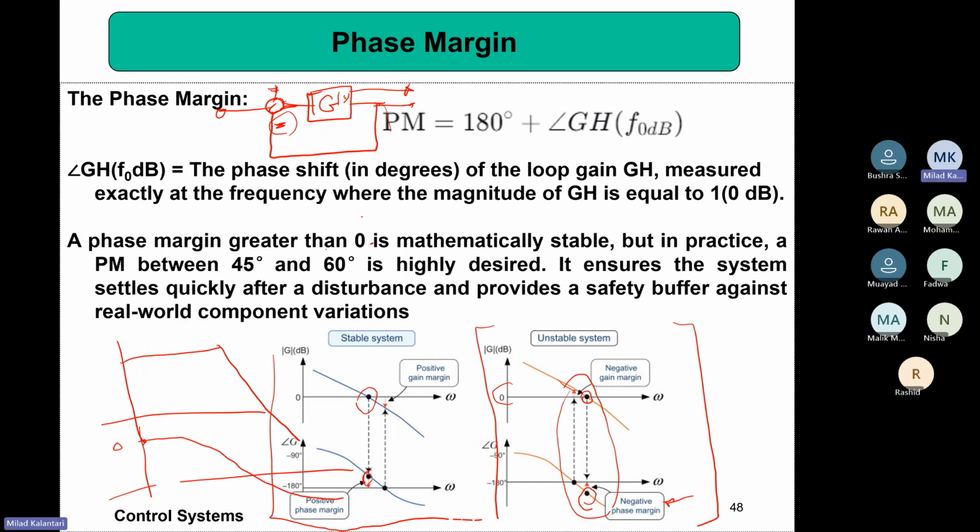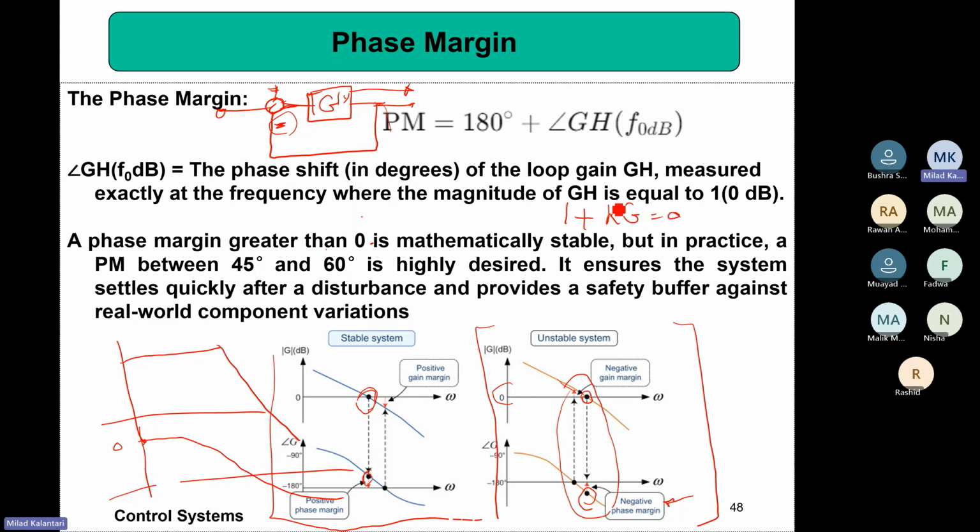So this Bode diagram is actually trying to show us how far the phase is when the gain of the system is 1, or 0 dB, right? So you always remember this.